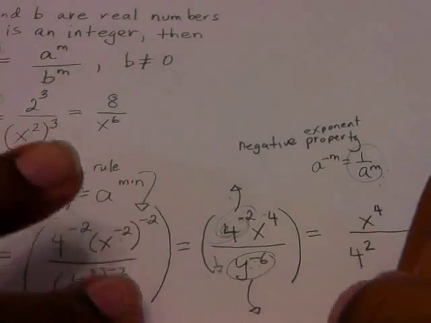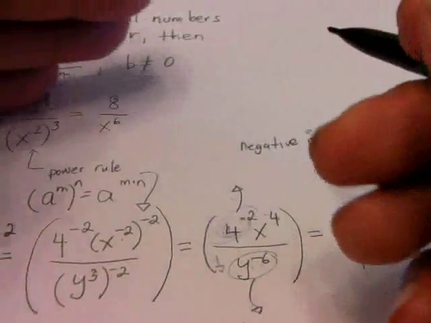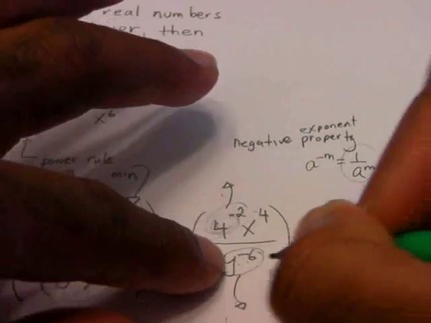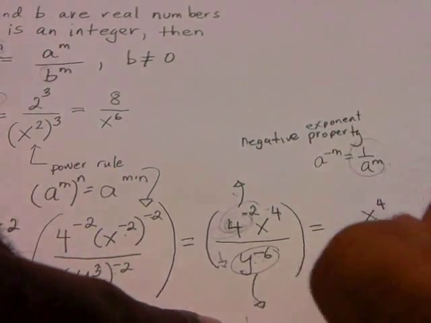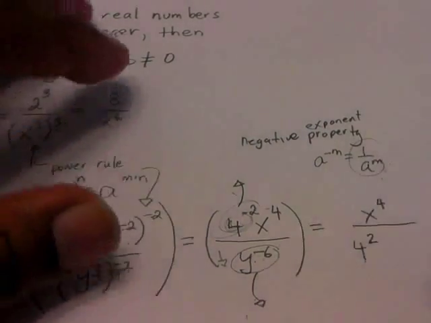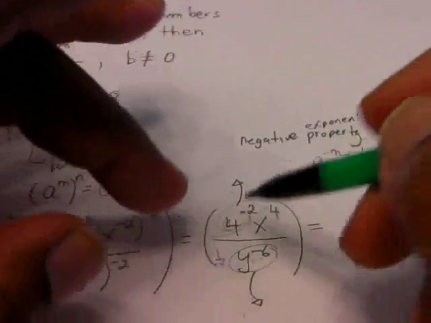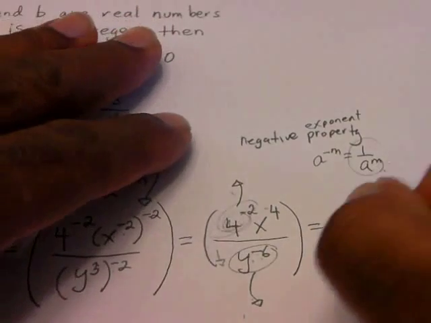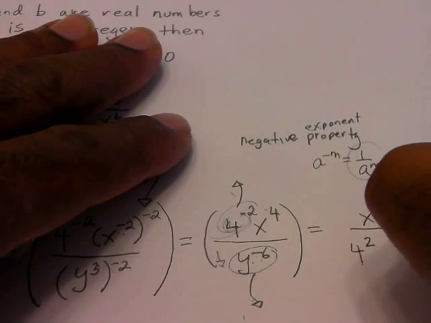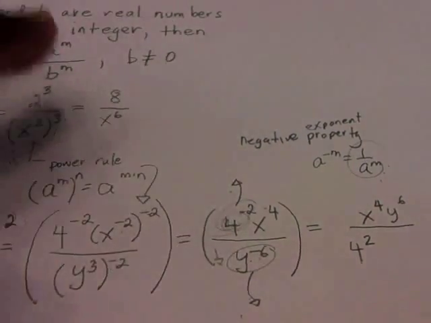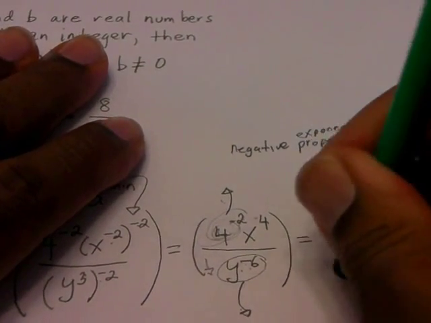But instead of writing 1 over y to the positive 6, let's write y to the 6 up here, all right? And I'll show you how we got that.